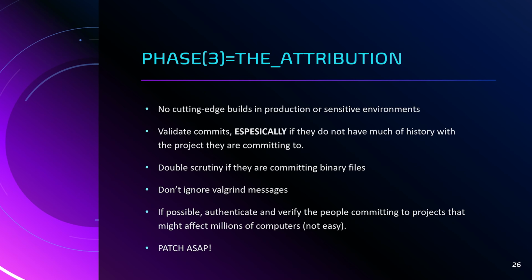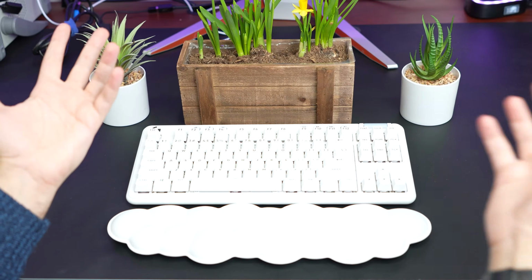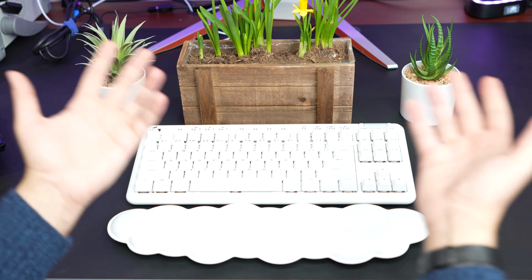That's all I'm saying. Validate the commits, right? Especially with a typo. Especially if they do not have much of a history with the project they are committing to, right? This dude, just look at it. I mean, again, it's banned and closed and deleted. You can't see it now, but what you can see from archive and stuff. I mean, what was that check, man? That's just nothing.